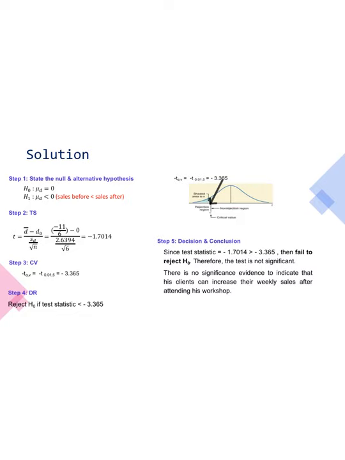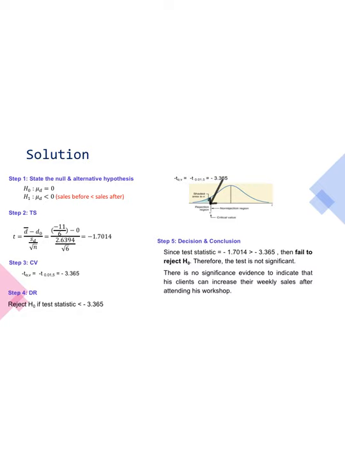So the decision rule is reject H0 if test statistic less than negative 3.365. Okay, so since negative 1.7014 is greater than negative 3.365, so we fail to reject the null hypothesis. Means that the test is not significant. So what is the conclusion?